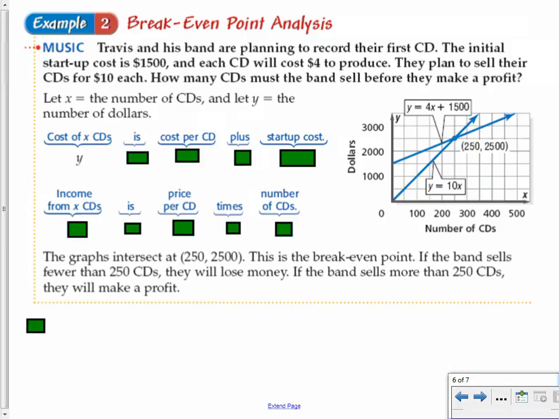So y equals the cost per CD times the number of CDs, which would be 4x, because it was $4 to produce each one, plus the startup cost of $1,500. So what it costs them to produce these CDs would be y equals 4x plus 1,500.